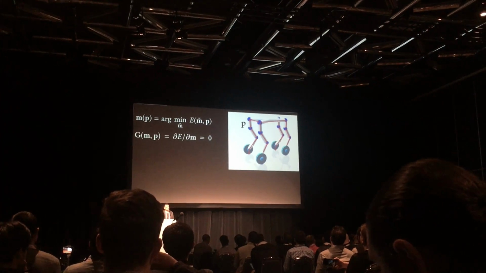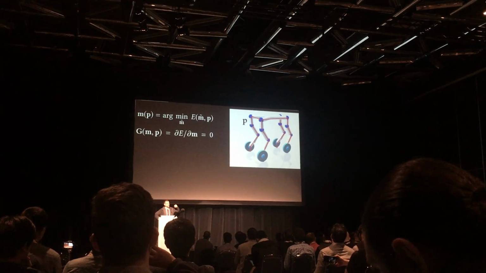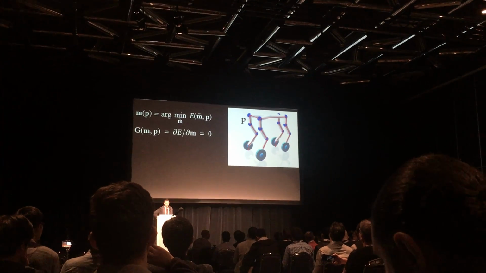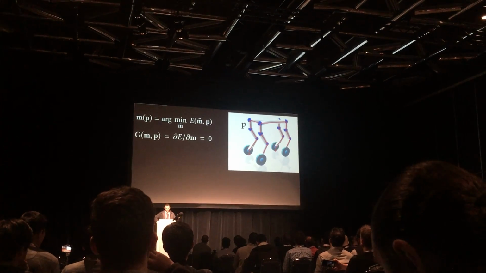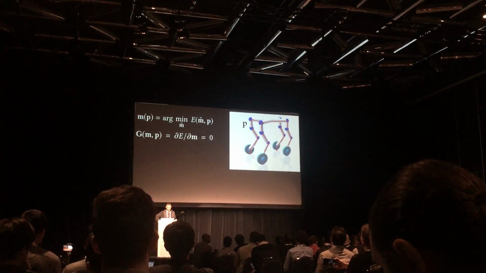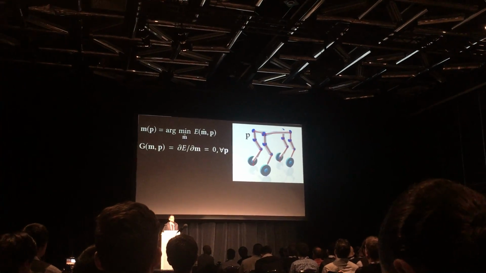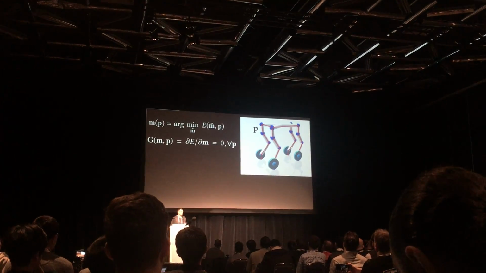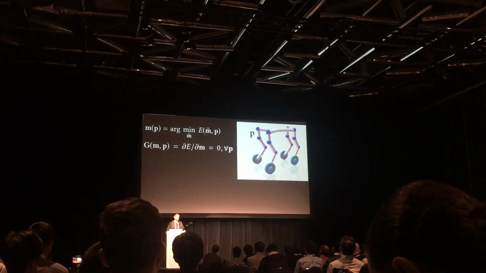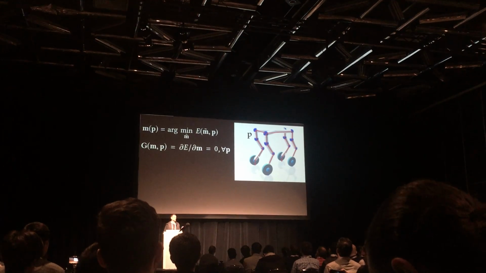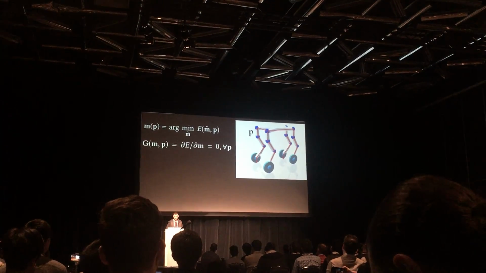If we're looking at the gradient of this energy that we're minimizing during the trajectory optimization process, at an optimal solution, it will be zero, right? Because we try to get to a local minimum of it. And this condition is true for any set of parameters that are given as input, right? So for any set of parameters P, if we solve the trajectory optimization problem until we find the local minimum, then the gradient of this objective that we're minimizing with respect to M will be zero.